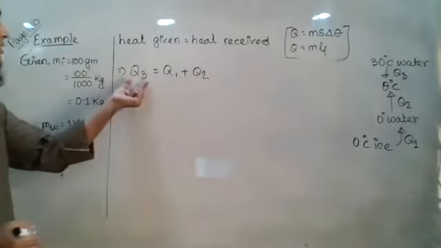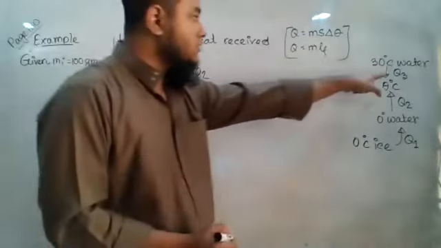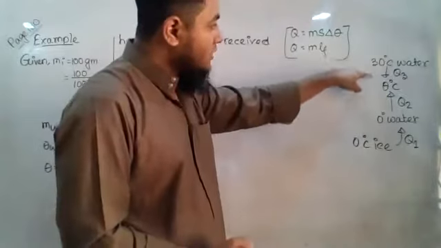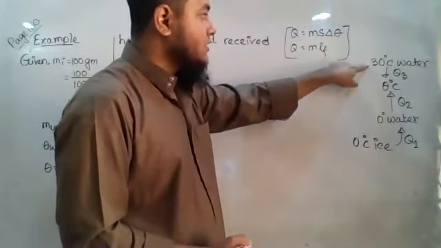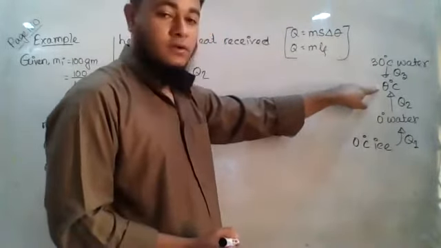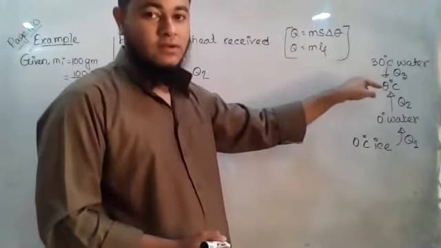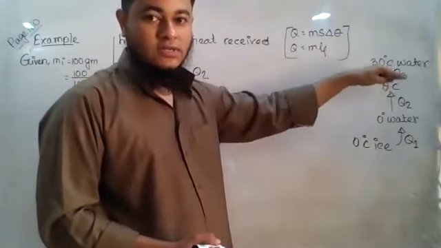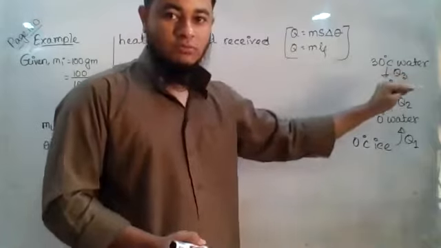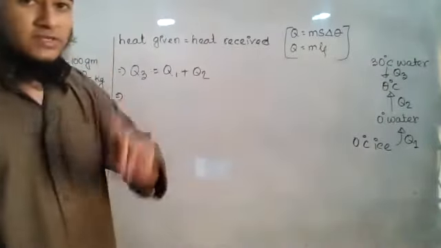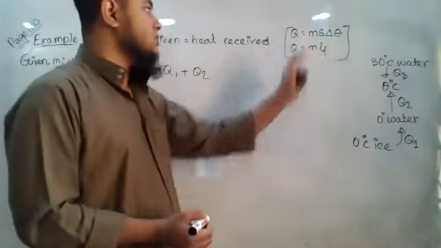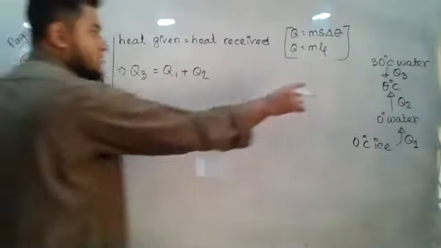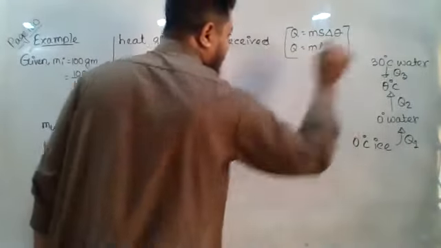Okay, so about Q3, where is Q3? Q3 is here. So the temperature is changing, right? The temperature is going from 30 degrees to theta degrees, right? And it is water still, right? At theta degrees Celsius, it will be water only. So no change of state is occurring. So the first equation we will use. This is the change that is occurring in case of water.